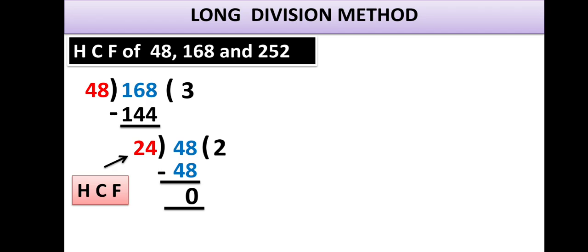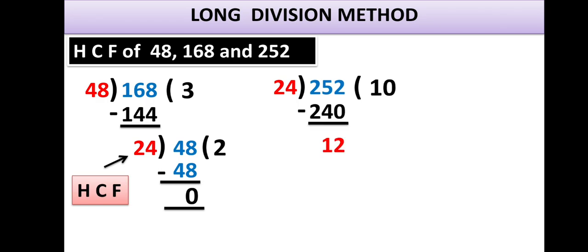Now we'll proceed. Now we'll find the HCF of this HCF 24, which we got in the first case, and the third number 252. So 24 tens are 240. Actually we can do it in two steps also, 24 ones are 24, then 24 zeros are 0. So here 24 tens are 240. The remainder is now 12.